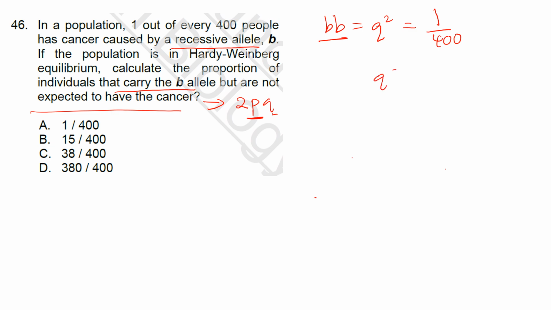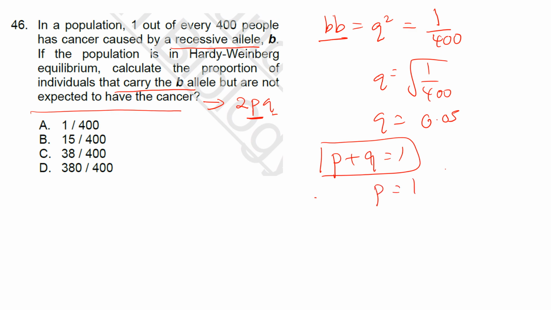Q equals the square root of 1 over 400, so the value of Q would be 0.05. Then you determine P using P plus Q equals 1. P equals 1 minus 0.05, so the value of P would be 0.95.